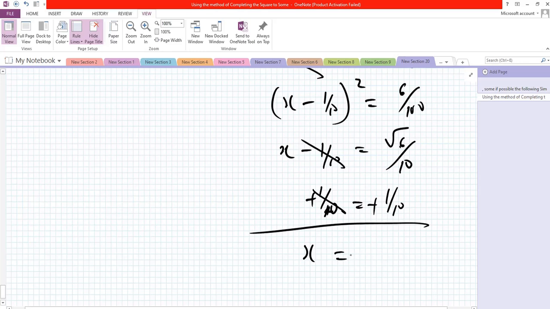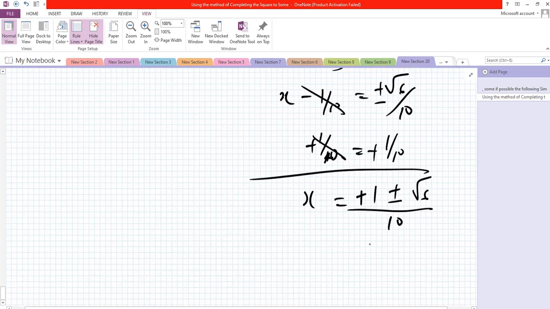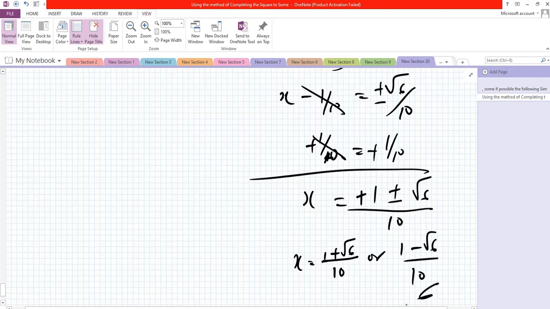You have x equal to, this one is plus or minus, so you have 1 plus or minus square root of 6 all over 10. So these are x. X will now be equal to 1 plus square root of 6 all over 10, or 1 minus square root of 6 all over 10. This is the answer.